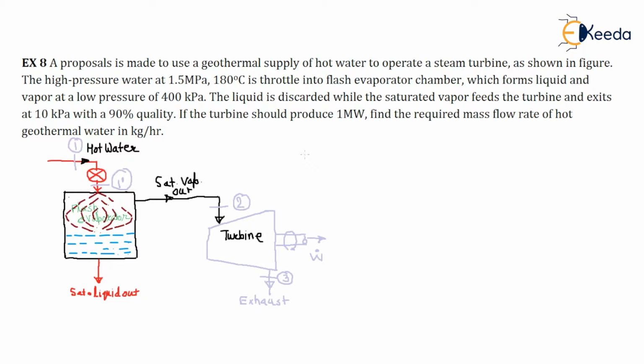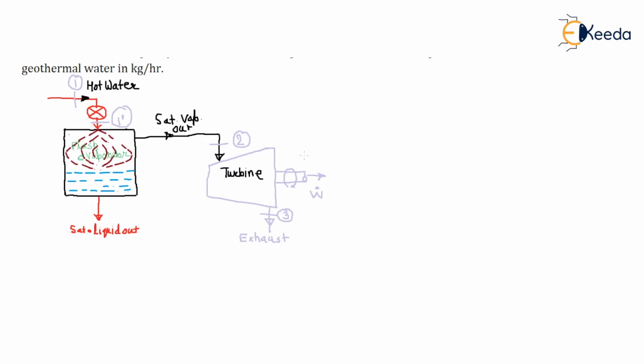There is hot water coming from a geothermal site and it will be throttled into a two-phase mixture in a flash chamber, where there are two portions, the vapor and a liquid.